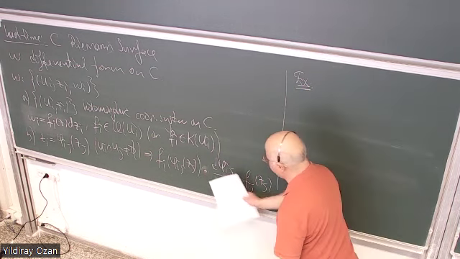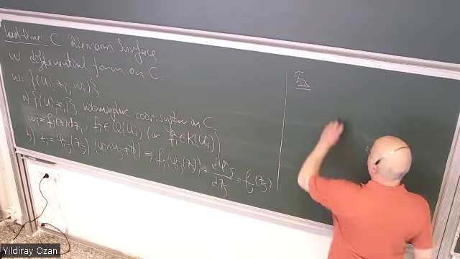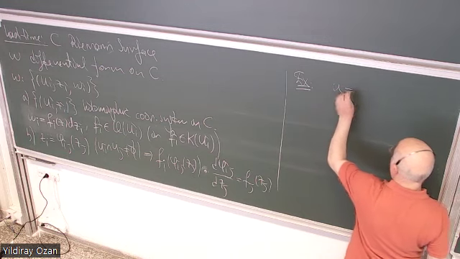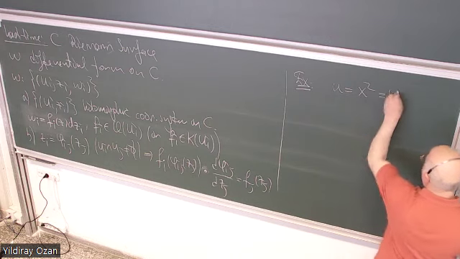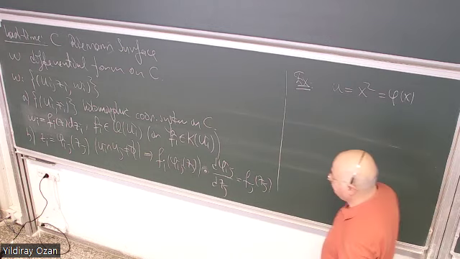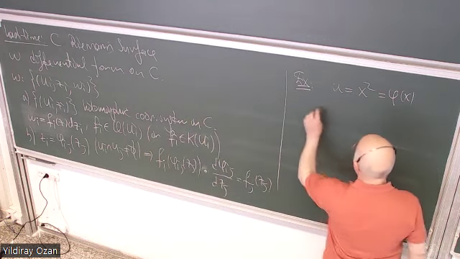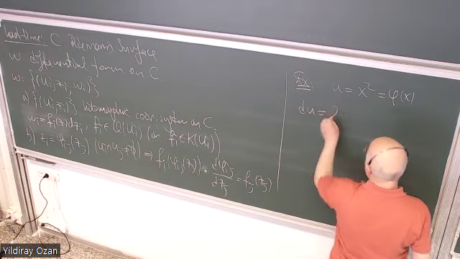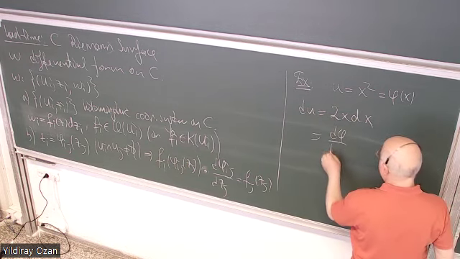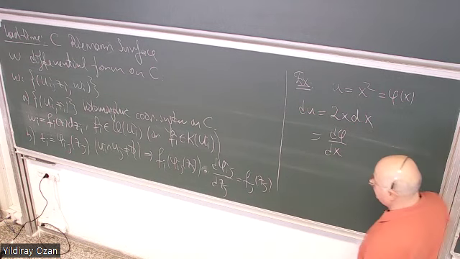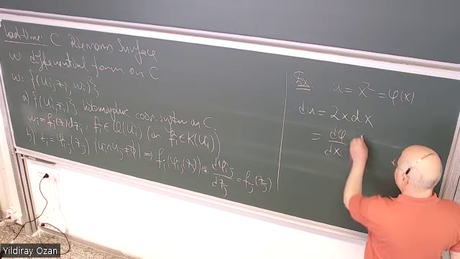This is just actually the coordinate change when we use, for example, integration. Suppose I make the following change of coordinates. So this is my coordinate change function, phi of x equals u. Then du is just 2x dx. This 2x is just the derivative of this gadget, and then I have just dx here.